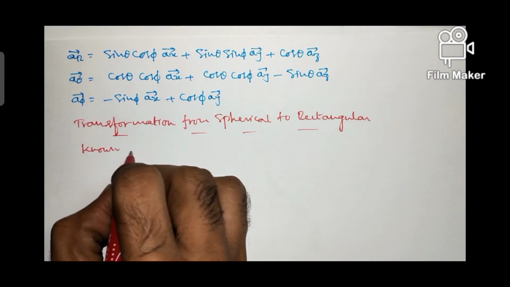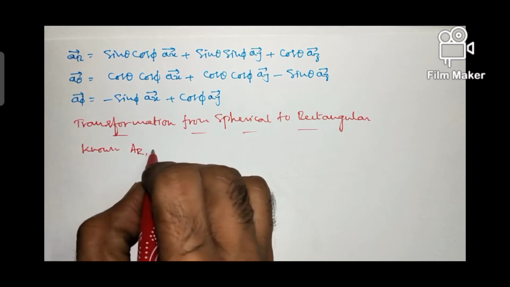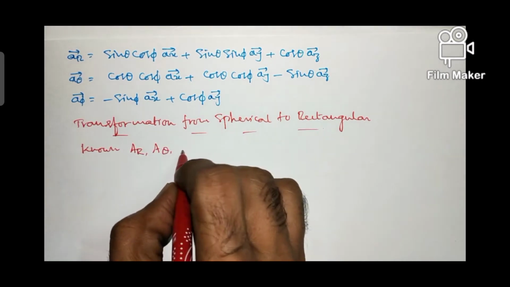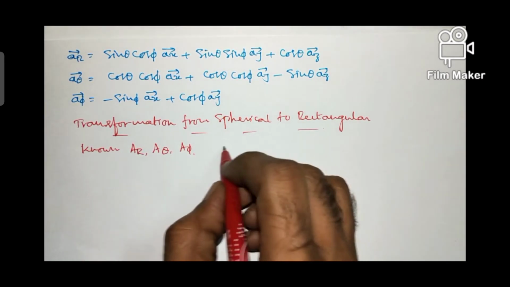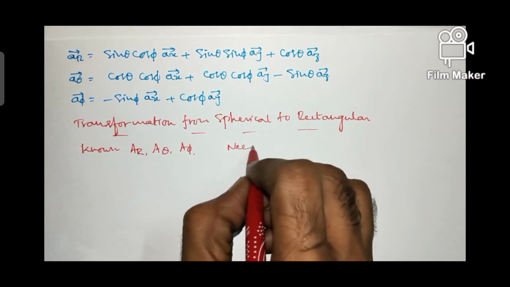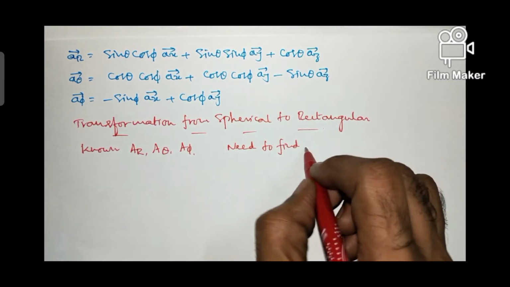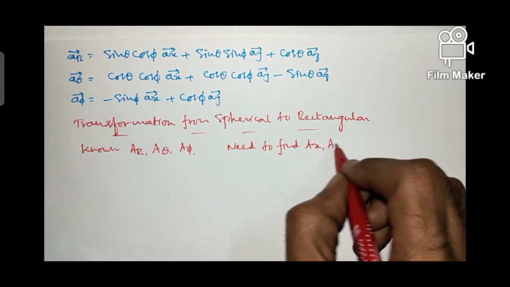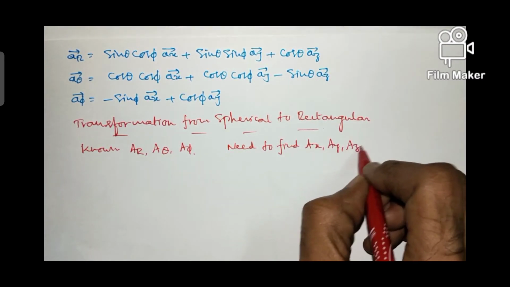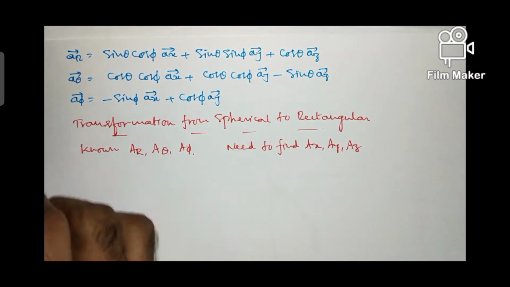Here the known parameters are the spherical coordinates a_r, a_theta and a_phi, and we need to find the Cartesian coordinates a_x, a_y, a_z, referring to the spherical coordinates.